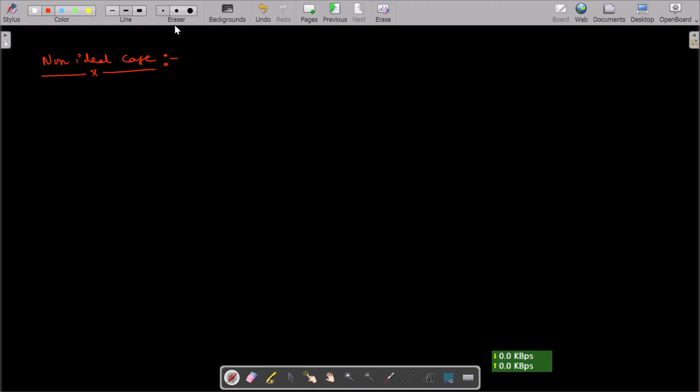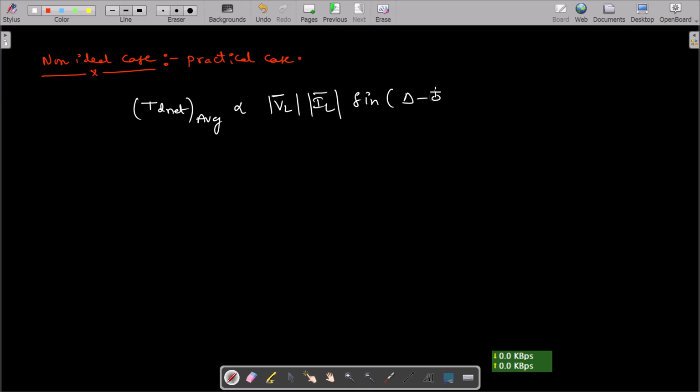In the non-ideal, or practical, case, the TD net average will be proportional to VL IL sine of delta minus phi.